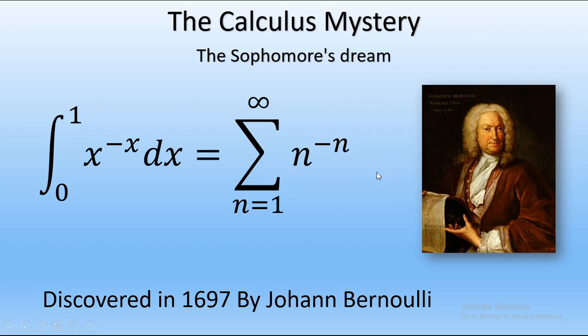He was a Swiss mathematician, and this was my effort to tell what this Sophomore's dream integral is, where the function is its own integral, that is, integration from 0 to 1 of x raised to the power minus x dx is equal to summation n equal to 1 to infinity of n raised to the power minus n. So basically, integration is continuous summation and this sigma is discrete summation.